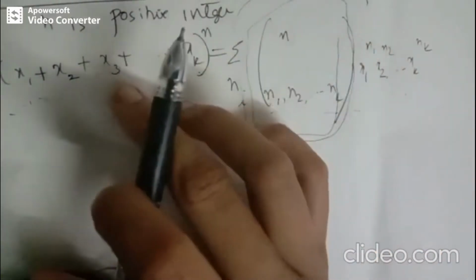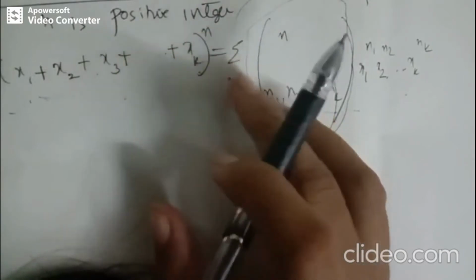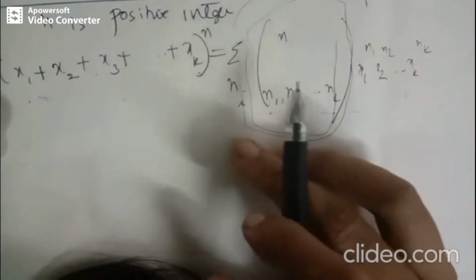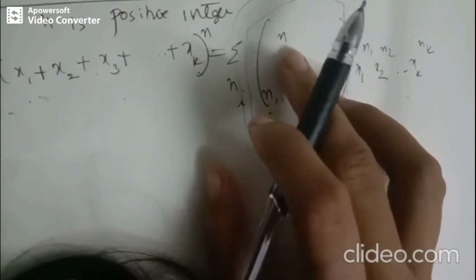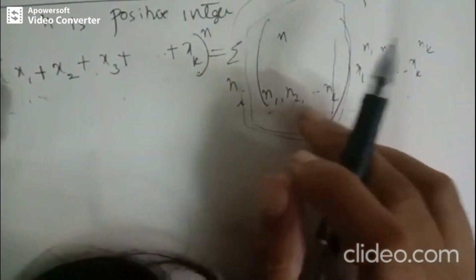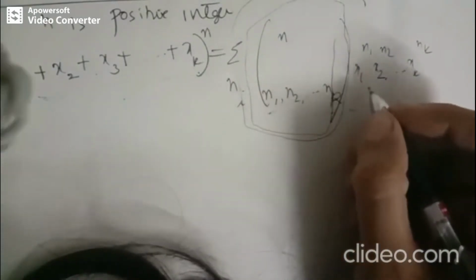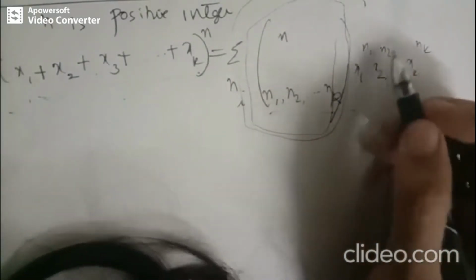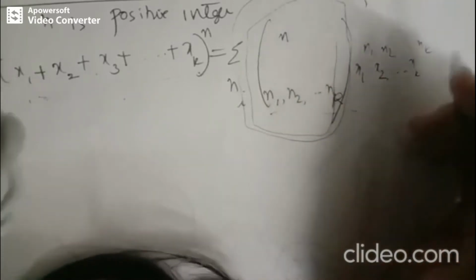So I repeat, x1 plus x2 plus x3 and so on plus xk whole raised to n is nothing but the summation of n choose n1, n2 and so on up till nk, given k terms, into x1 raised to n1, x2 raised to n2 and so on up till xk raised to nk.